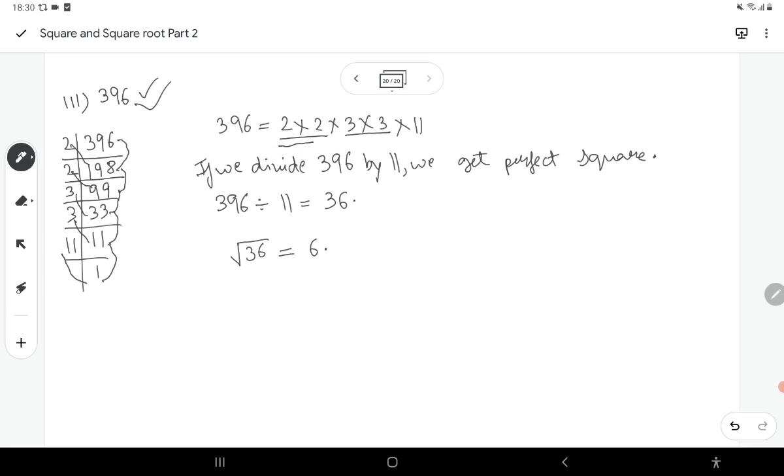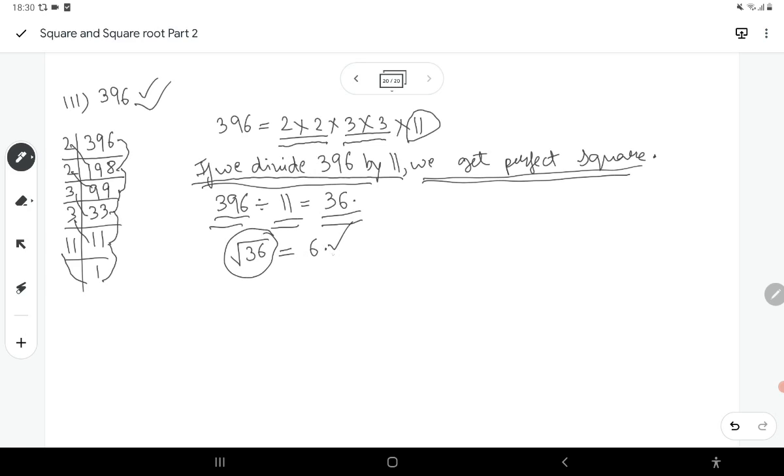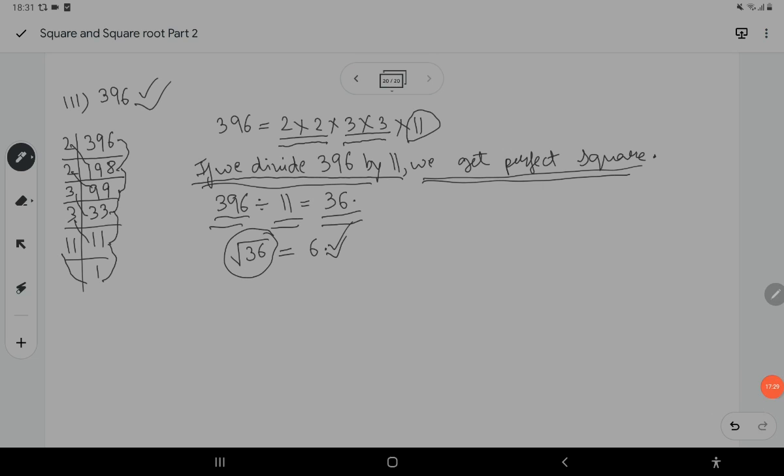So 396 is equal to 2 into 2 1 pair, 3 into 3 1 pair, and 11 remains alone. So if we divide 396 by 11, we get a perfect square, which gives 36, and the square root of 36 comes out to be 6.